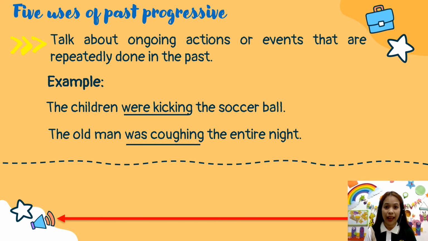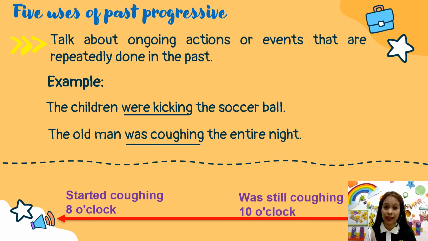Alright? And in the second example, the entire night, he was just coughing. Let's say from 8 o'clock until 10 o'clock, he was still coughing. So, that was the repeated action that he had done during the past. Okay? Understand, grade 6?